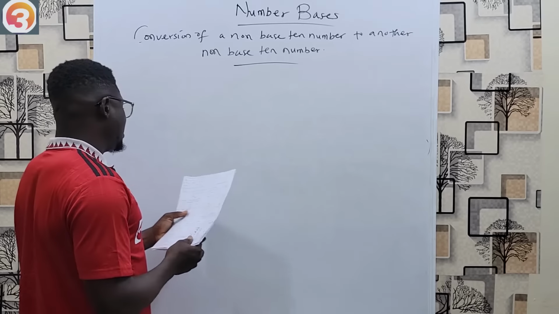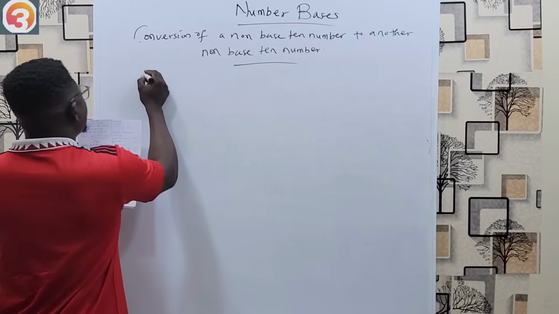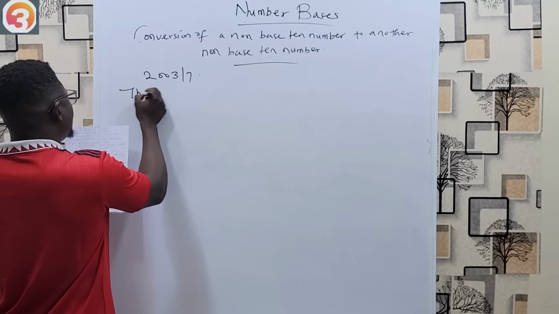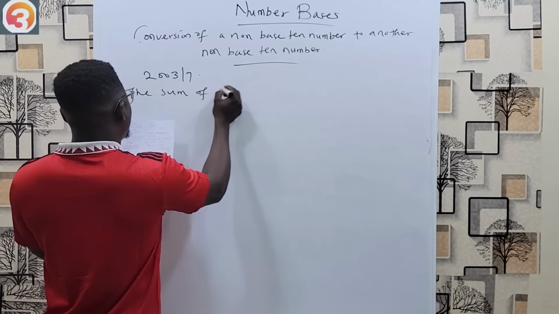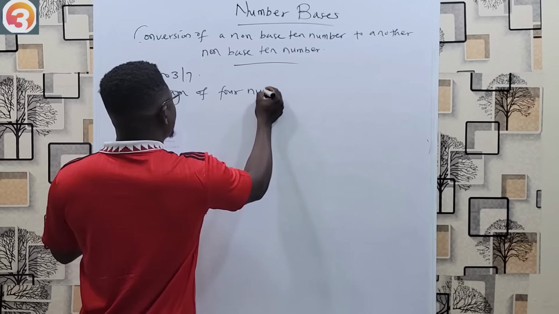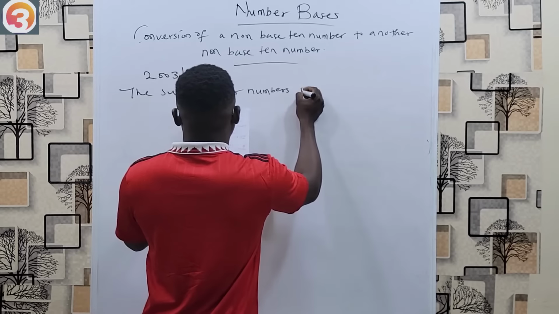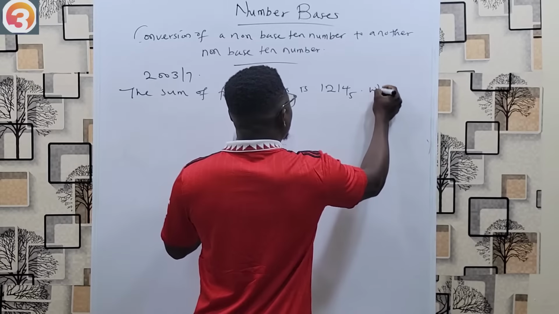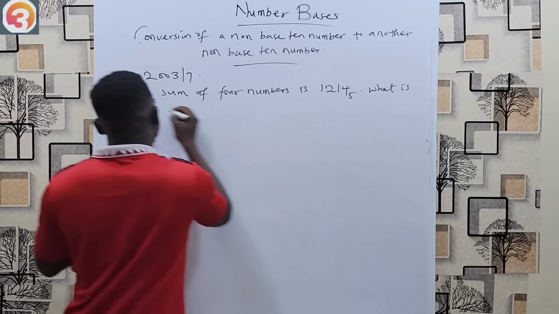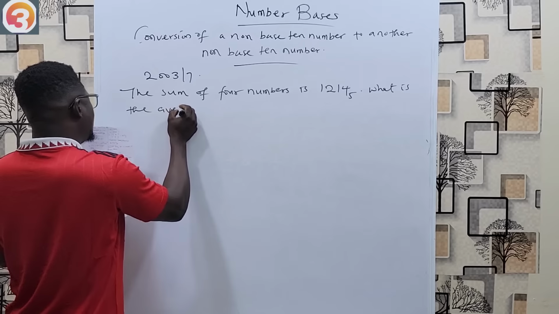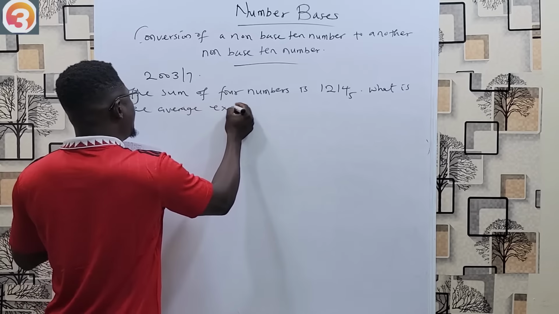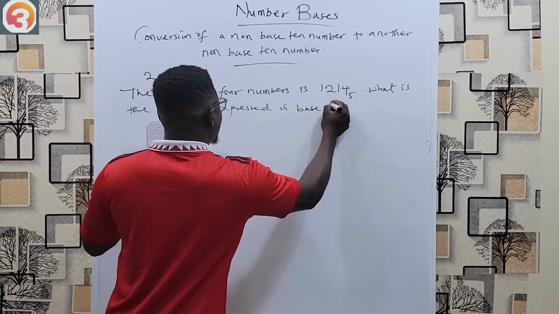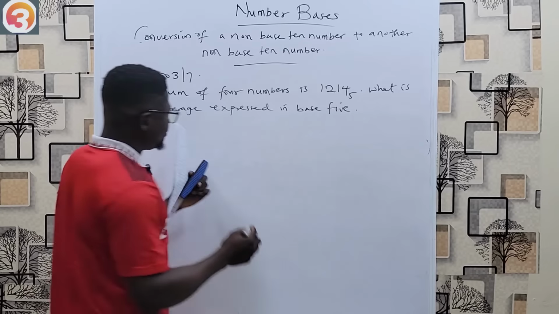All right, so let's take this example from the O3Schools JAMB app, 2003 base 7. They say the sum of 4 numbers is 1214 base 5. What is the average expressed in base 5?